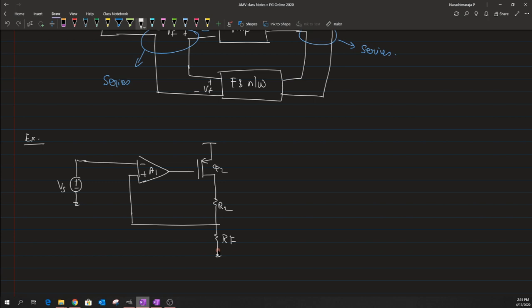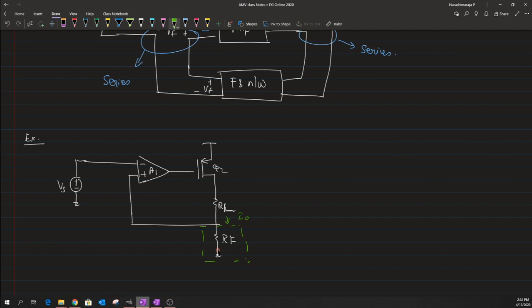Now in this case again the type of load that I have is an RL, and we are not tapping the voltage from here. What I really mean is that the feedback network has to be first identified. In this case the feedback network is just the resistance RF, and the input to this is not directly tapped from this particular node where we mark a voltage, but rather it has been passed through a resistance and then we are measuring it. So whatever we are sampling basically becomes a current.